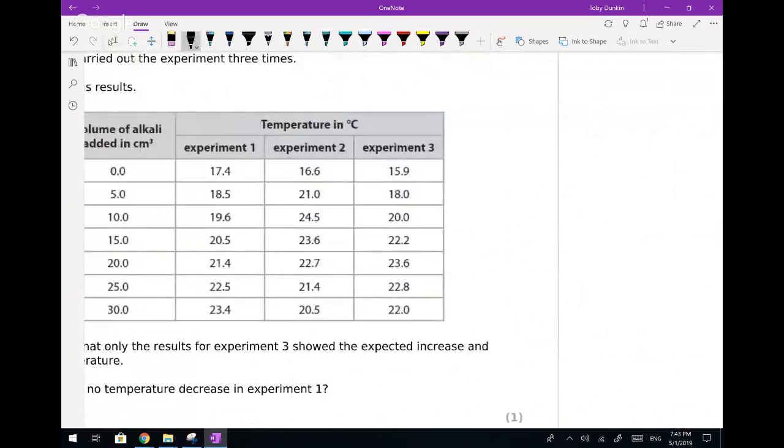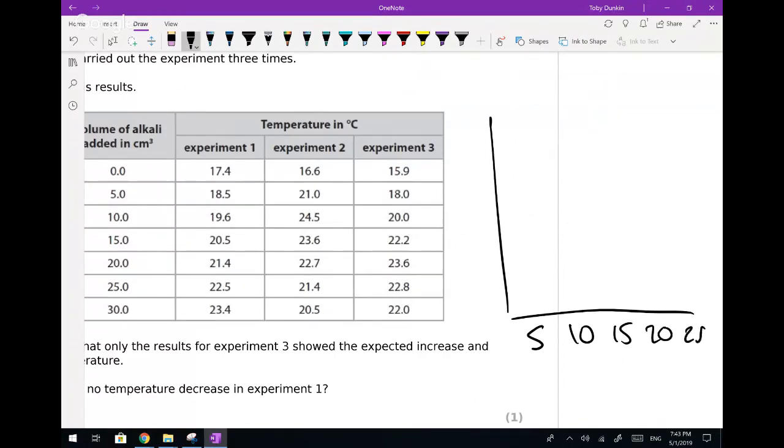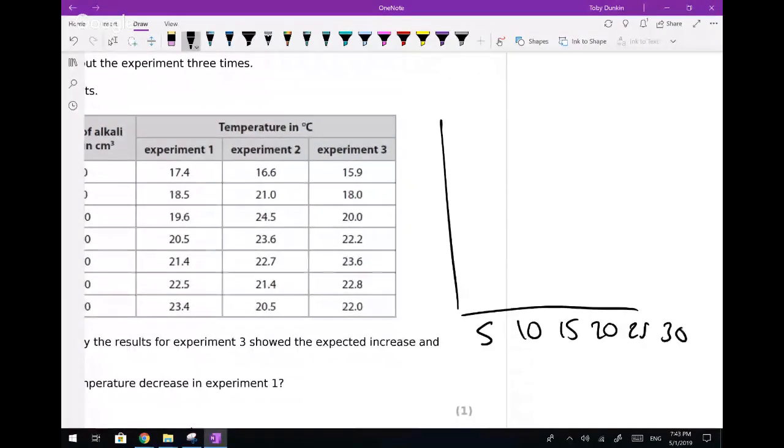We added 5, then another 5, then another 5, then another 5, then another 5, then another 5, and stop there. Well, I've started with 25 centimeters of acid, and I've added 5. A reaction will take place. Temperature rises. I add another 5, now down to 20, of course.